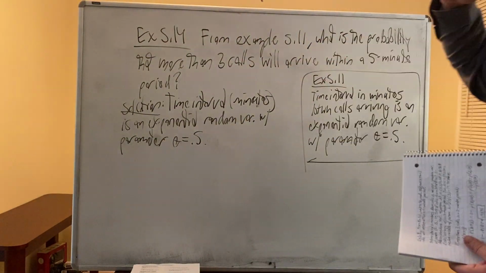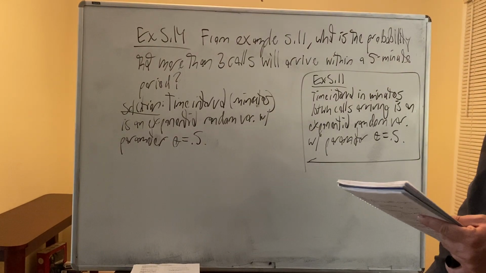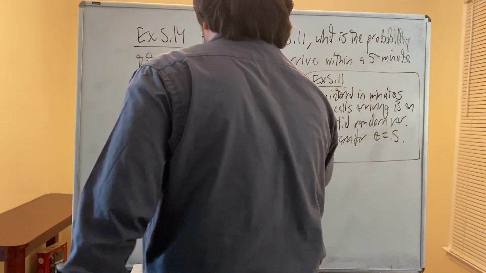And so from the previous fact, we can think of a Poisson random variable.